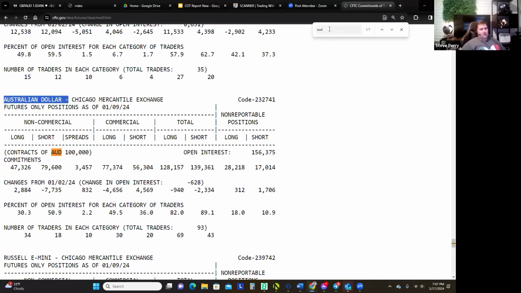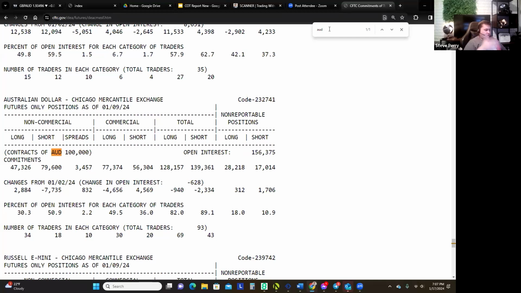Now, people ask me all the time, especially on YouTube, why do you use the COT report if that's not even a Forex report? Well, these guys still trade futures that are directly related to Forex pairs. So this is like half the story.